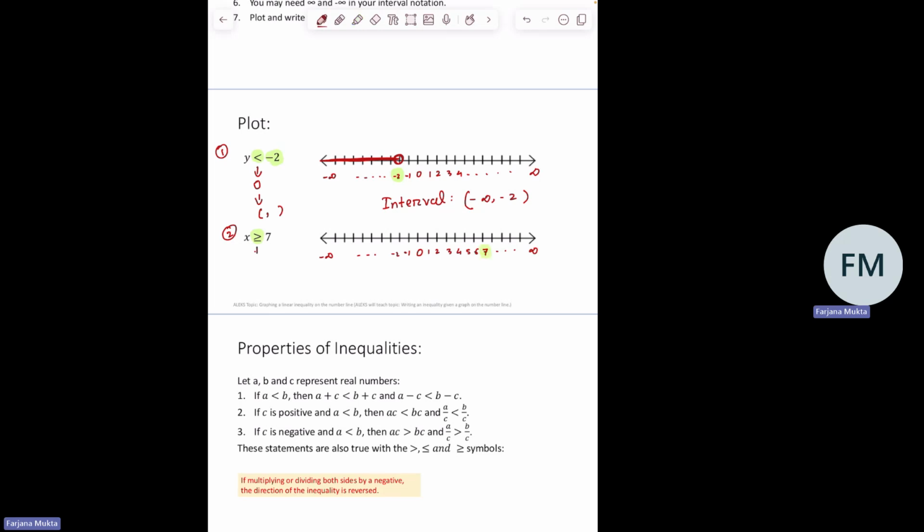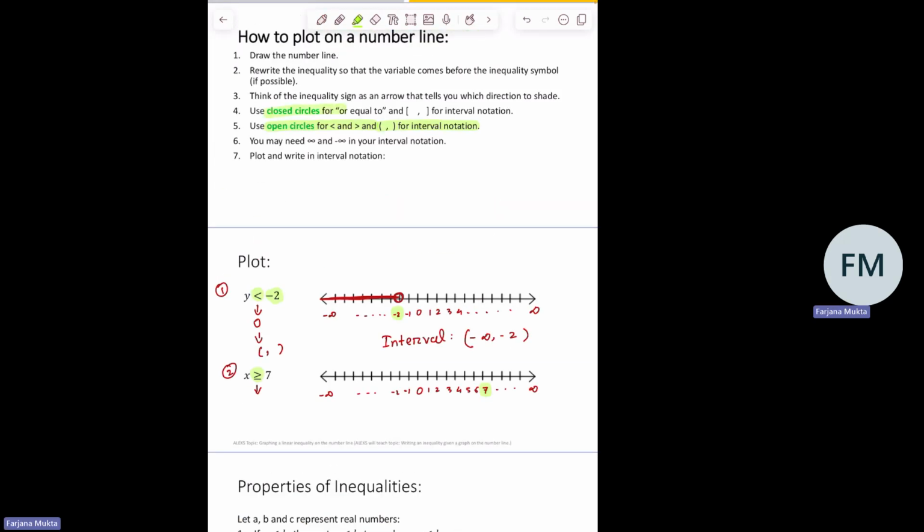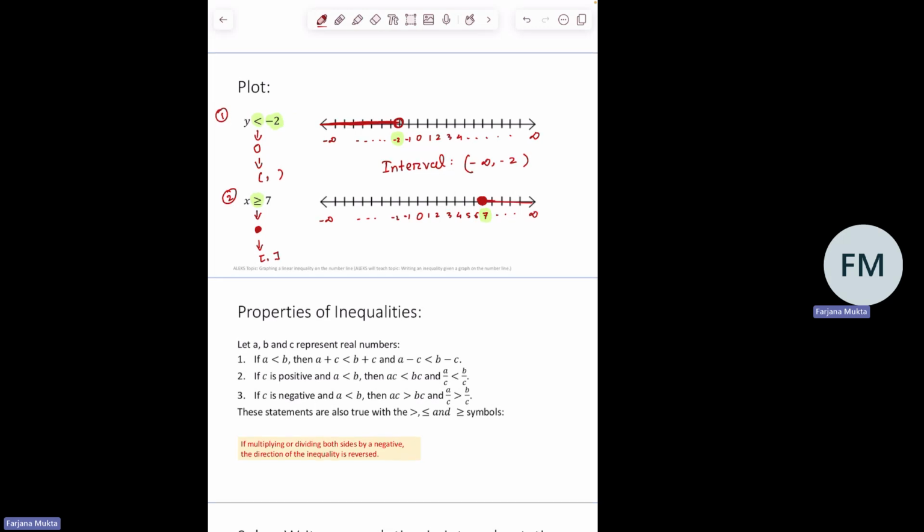And since we have greater than or equal, that means we'll have a closed circle and bracket in interval notation. Closed circle on 7, and x is going to be all the values greater than or equal to 7. So this will be our solution region. In terms of interval, starting from the lowest, 7, to the highest, infinity, with the bracket and parentheses.